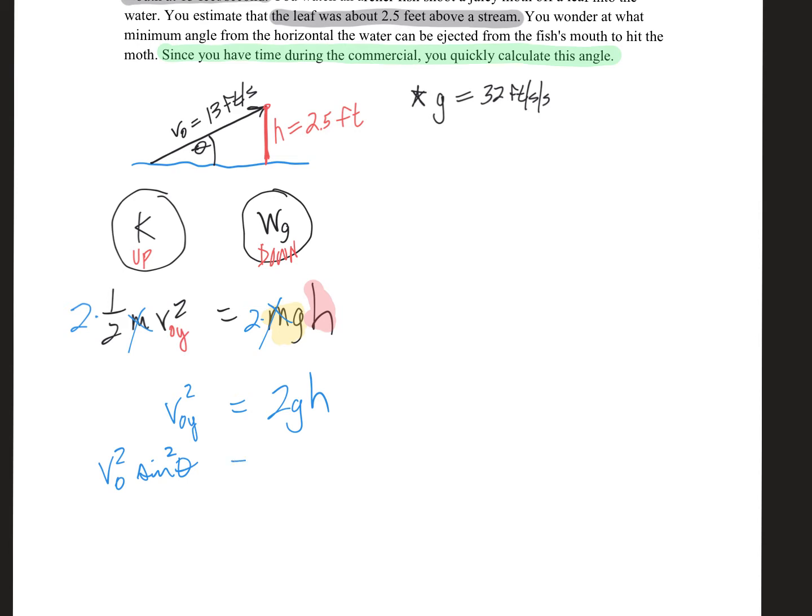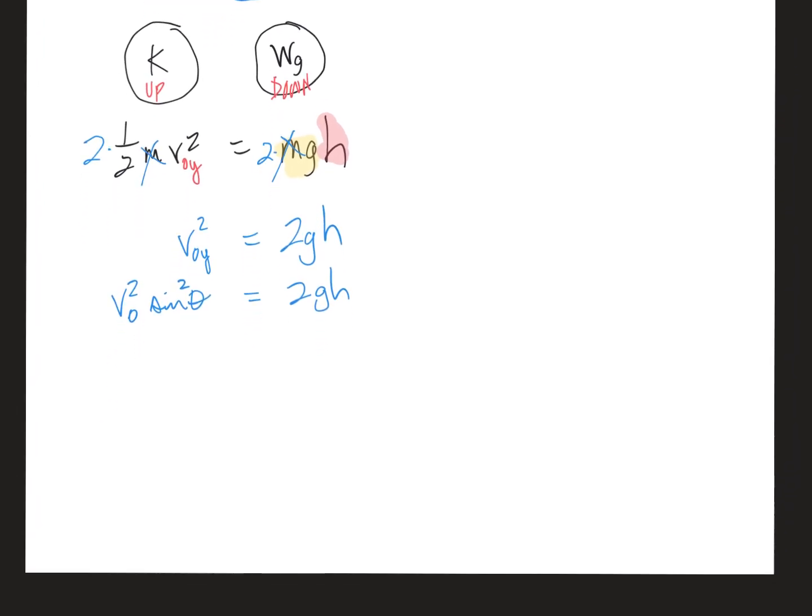So now it's not going to be hard to figure this out, because now I got a sine squared theta. Let's just keep going here. Sine squared theta equals 2gh over v naught squared.